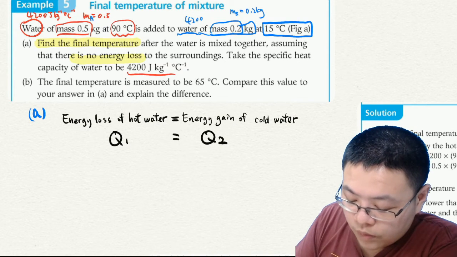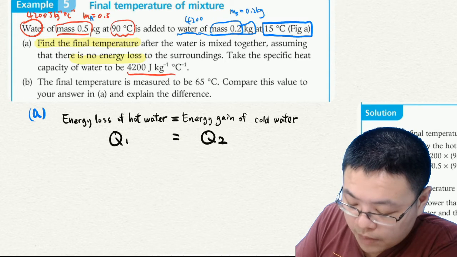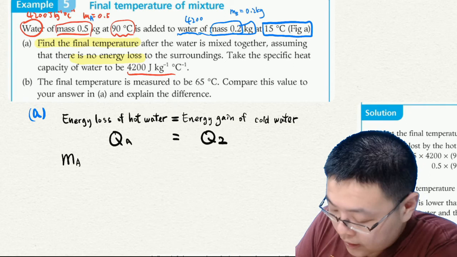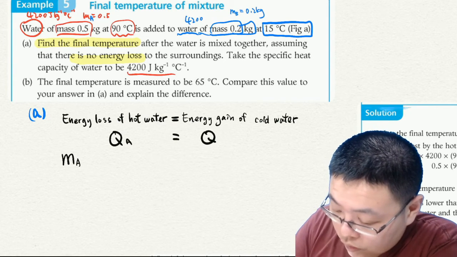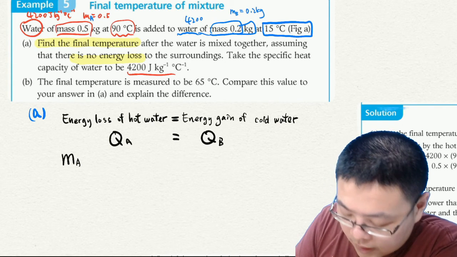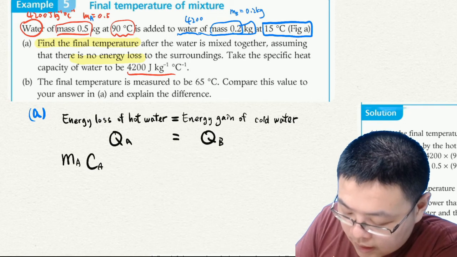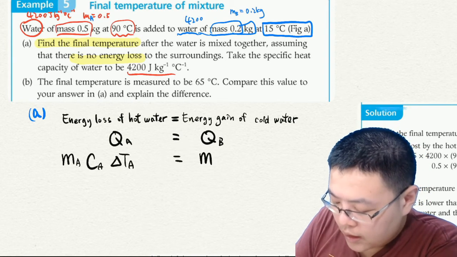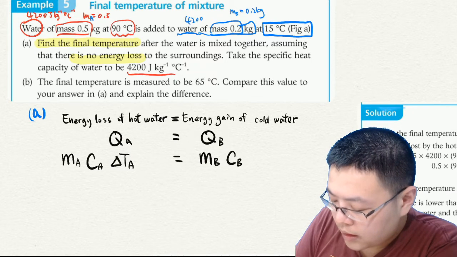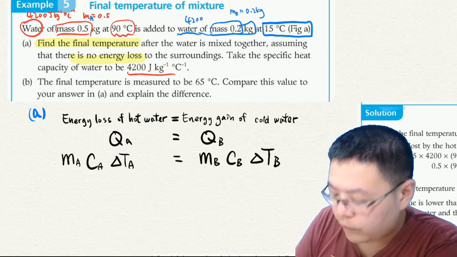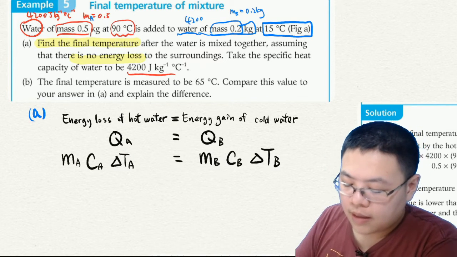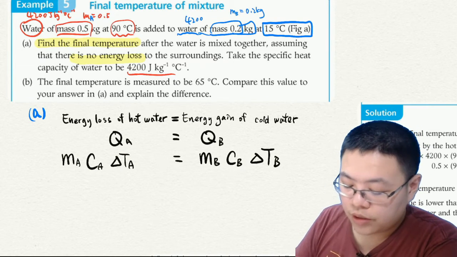Q1 would equal the mass of object A, QA and QB like this: mc delta T of A and mc delta T of B, because each cup of water has its own mass, specific heat capacity, and change in temperature.